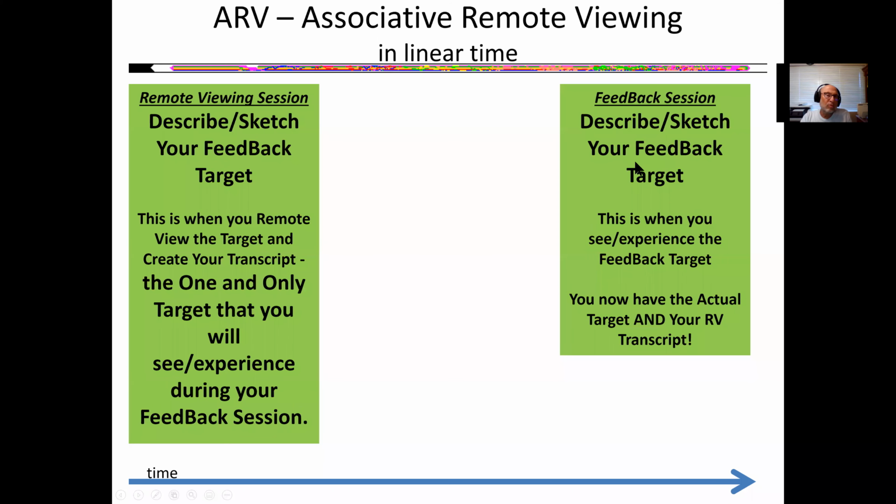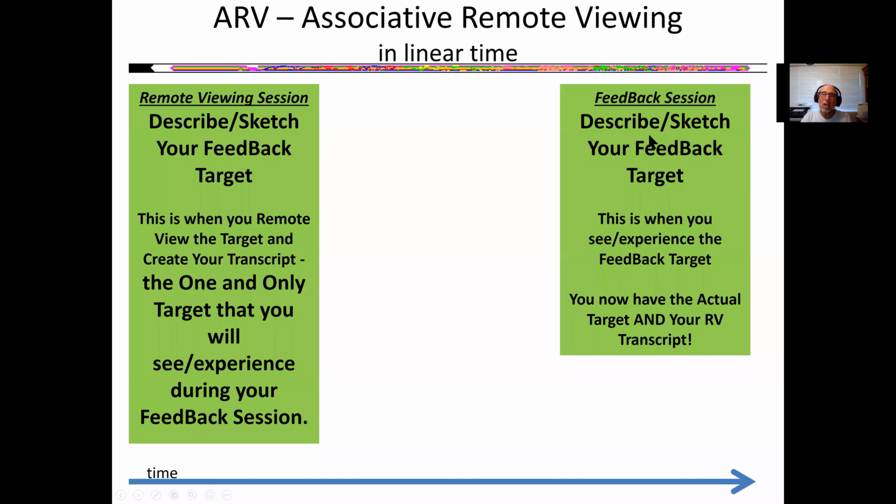And remote viewing, associative remote viewing is all about entangling these two sessions. The information from here is somehow shared back with your remote viewing session. Okay, so that's true of remote viewing.